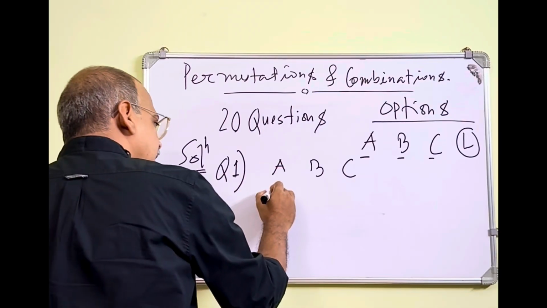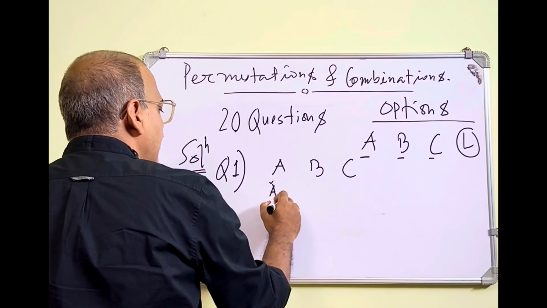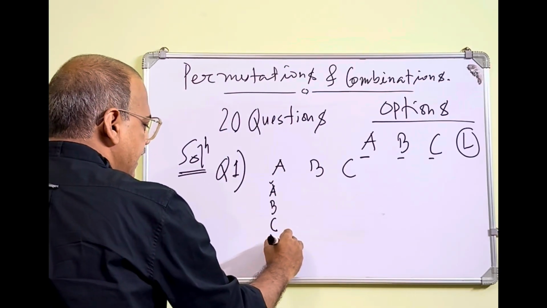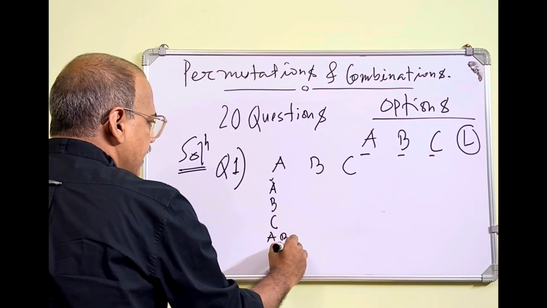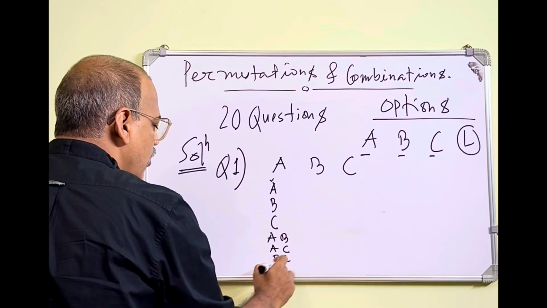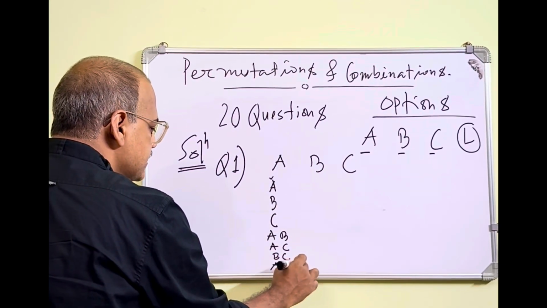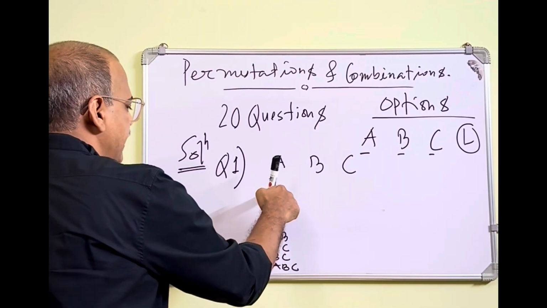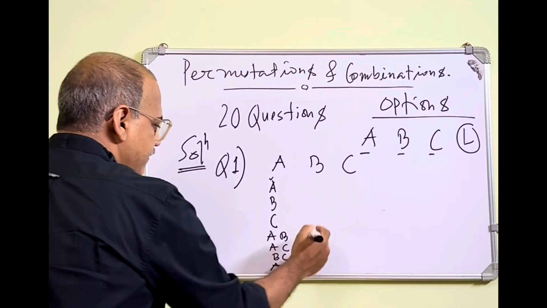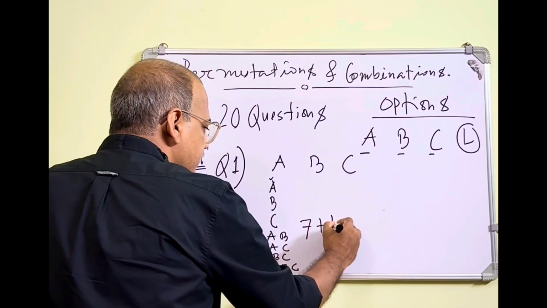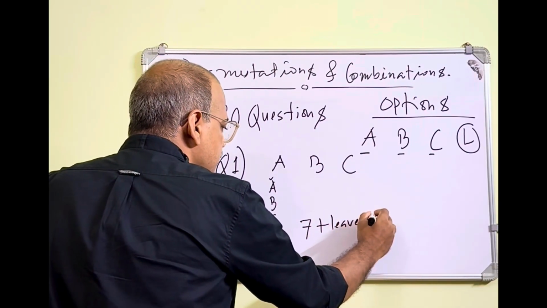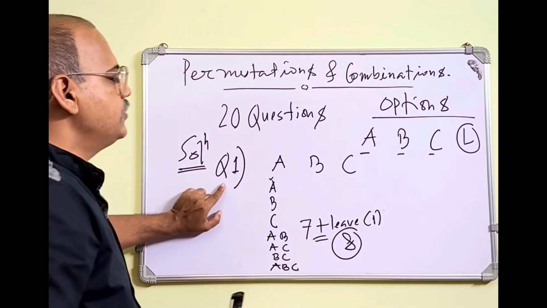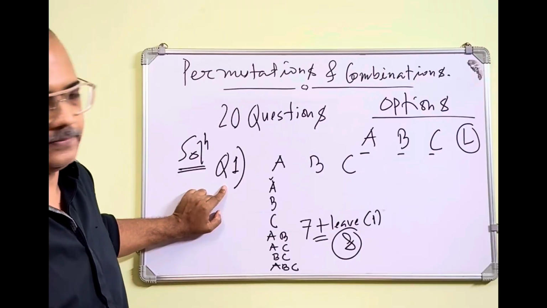I can choose A, B, or C. I can choose AB, AC, or BC, or I can choose A, B, C, or I can leave. So how many options are there? I can choose A, 1, 2, 3, 4, 5, 6, 7, total 7 plus leave, one option. So there are 8 different ways I can choose question number 1.